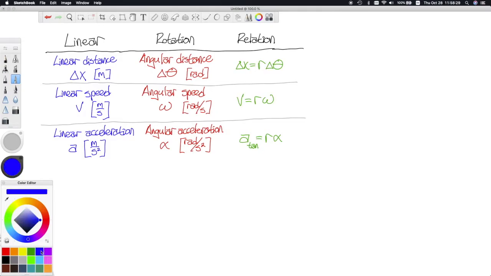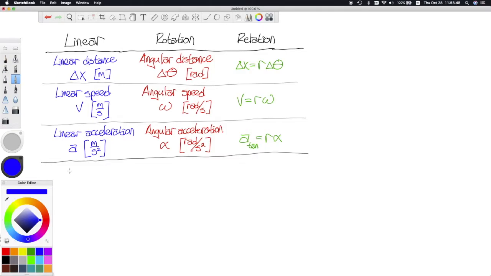But this one-to-one comparison between linear variables and angular variables isn't limited to just individual variables. Entire equations will have rotational equivalents, including our next topic, the kinematic equations.